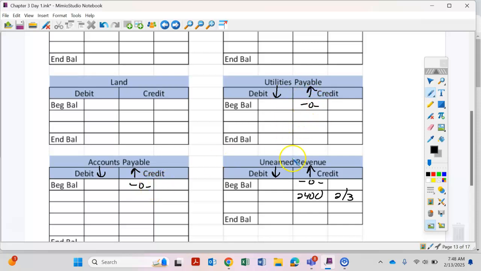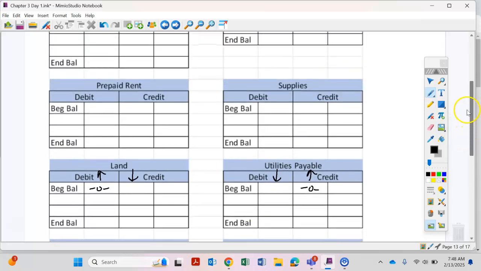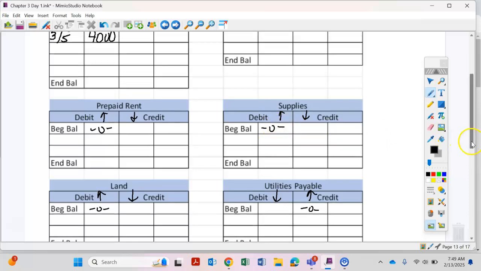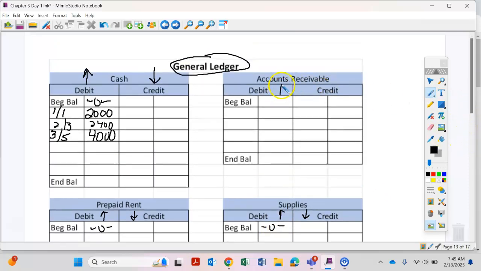Remember, its normal balance is whatever causes it to go up. Land, on the other hand, is an asset. It goes up with debits and down with credits. So all these assets, let's remind ourselves, they go up with debits and down with credits. Up with debits and down with credits. And I'm just going to enter in 0 beginning balances.